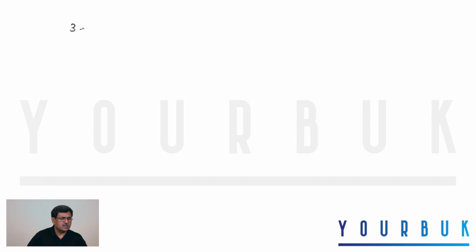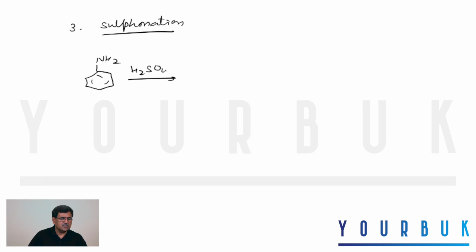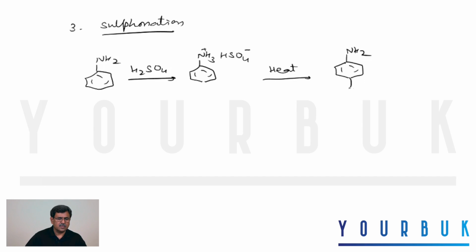Now the third reaction is the sulfonation. Aniline on reaction with sulfuric acid initially gives anilinium salt. Now this is called anilinium hydrogen sulfate and this is unstable, and on heating it decomposes to give a product called para-aminobenzene sulfonic acid.